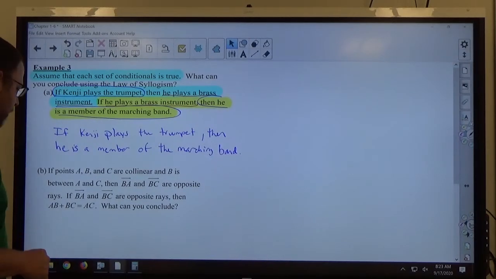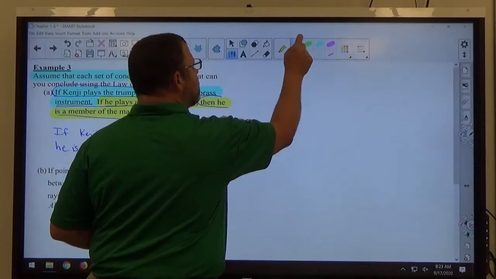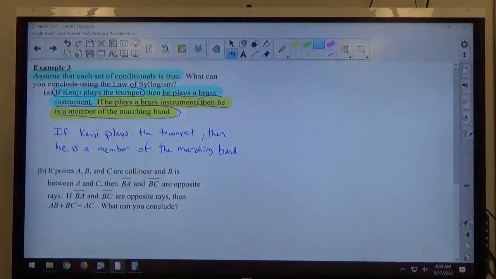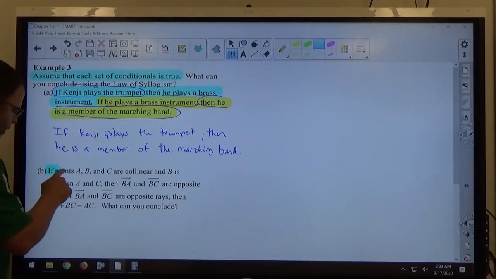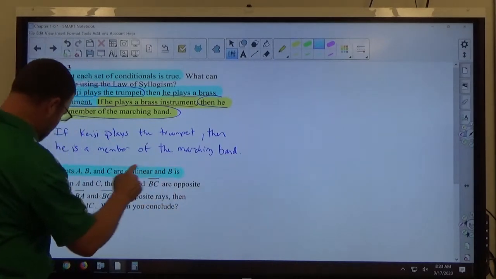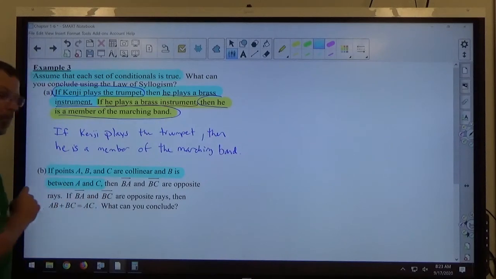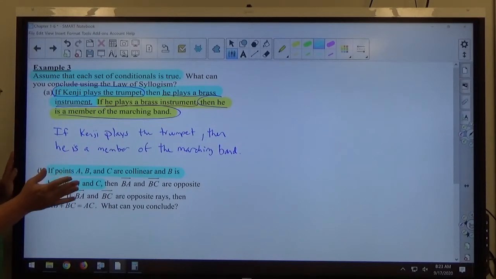All right, part B. If points A, B, and C are collinear and B is between A and C, then ray BA and ray BC are opposite rays. All right, so, pretty lengthy conditional statement here, but there it all is. It's got a compound hypothesis, multiple things happening.